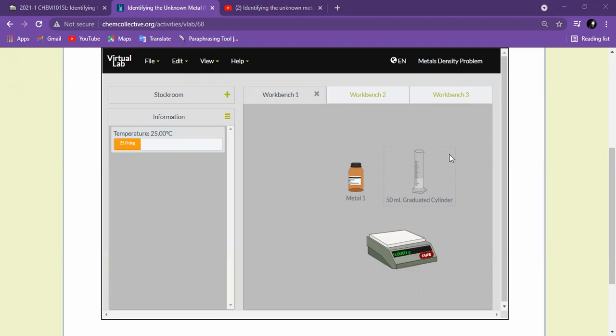So therefore, you will need to divide the 169.137 by the volume, which is the 16 milliliters.